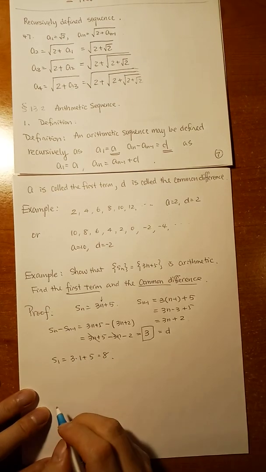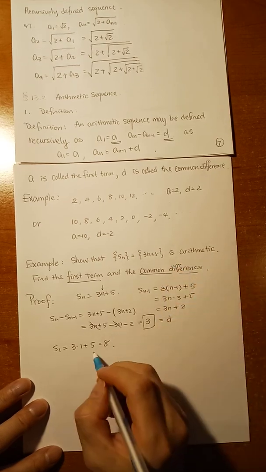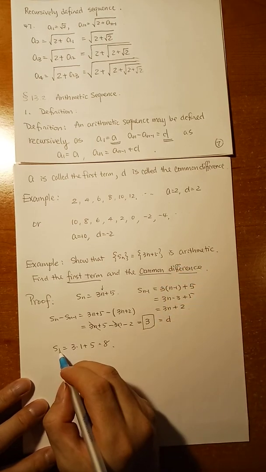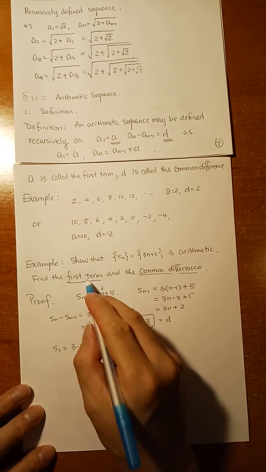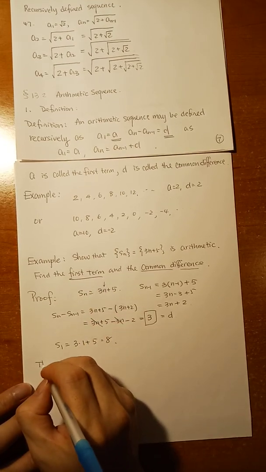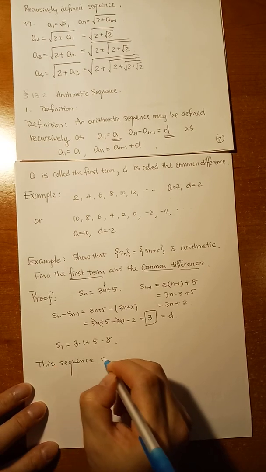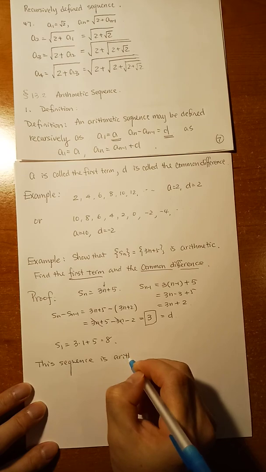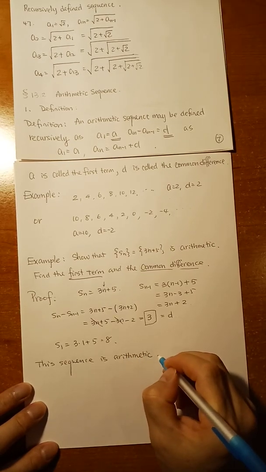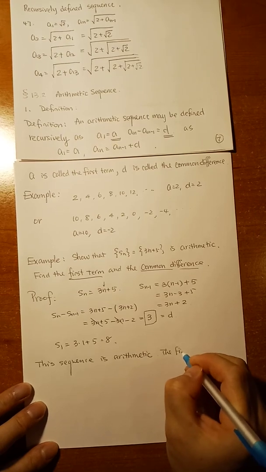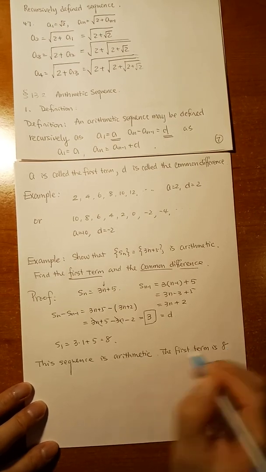Okay, so when you reach this part, we already finished the proof part, and you find the value of a1 at n equals 1, you get the first term. So the sequence is arithmetic. The first term is 8.